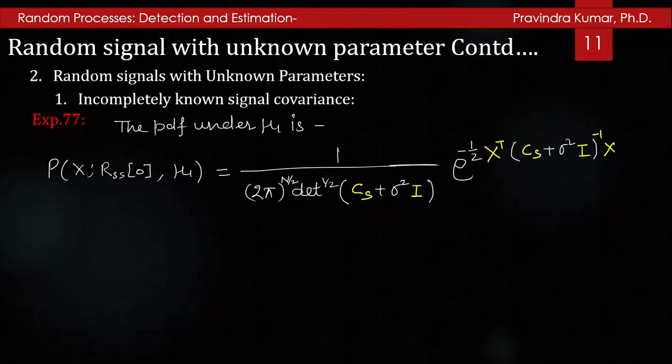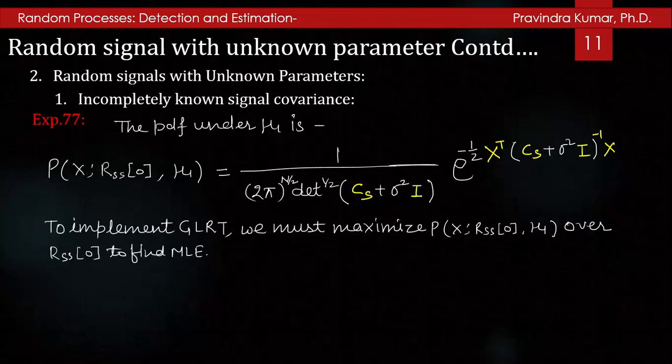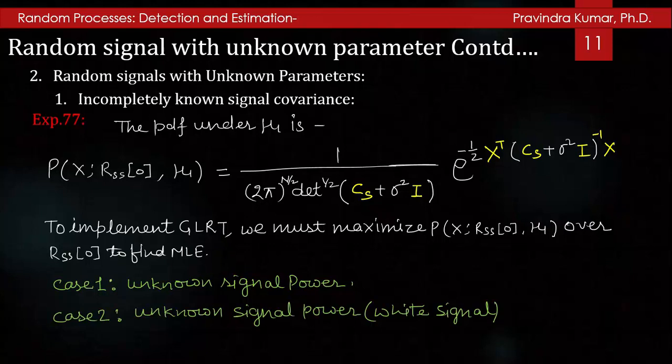To implement a GLRT, we must maximize this likelihood function over RSS0 to find the maximum likelihood estimator. It may be difficult to evaluate the determinant and the inverse of the covariance matrix. Now let us take two cases. Case first, the unknown signal power, and case second, unknown signal power with white signal.